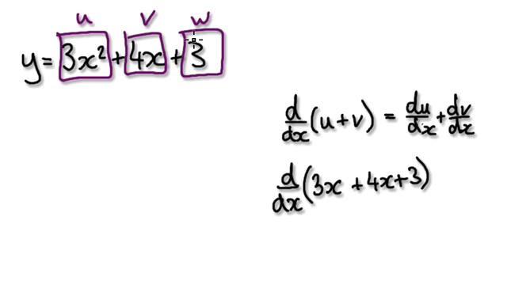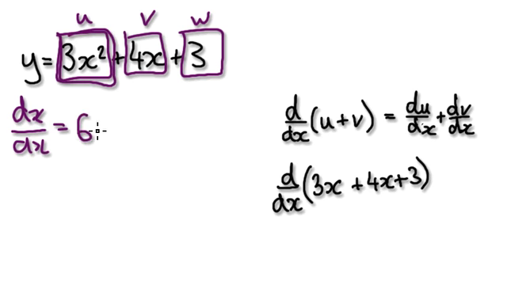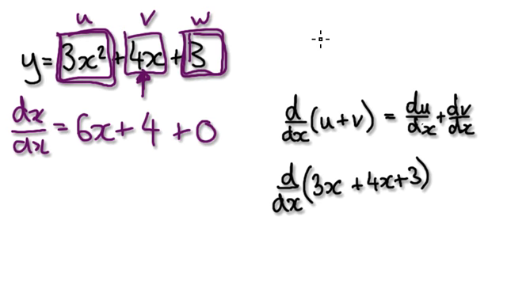So if you want to work out dy by dx, then that would mean you trying to differentiate this, which will be 6x here, and then add it to the differential of this here, which is 4. And when you try and differentiate 3, that's plus 0.